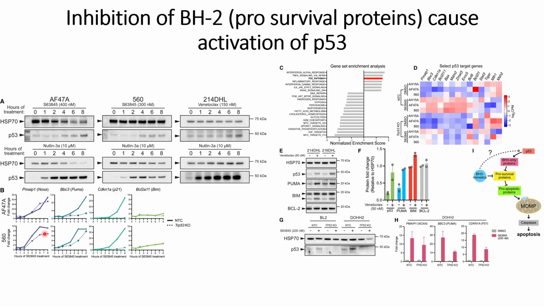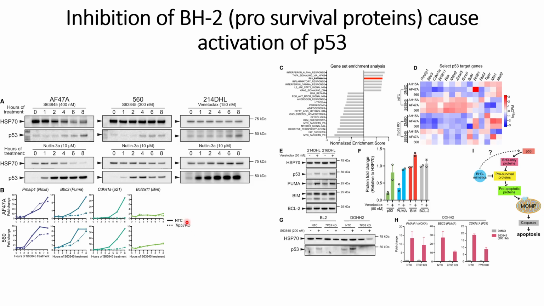When they used knockout cell lines, they saw a relatively low increase in those markers. More specifically for PUMA and P21, we see a significant decrease in the increase of the markers. For AF47A it is quite evident for PUMA and P21, and for 560 it is quite evident for P21.